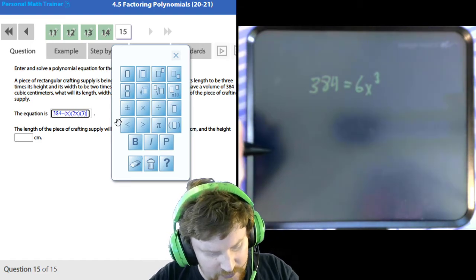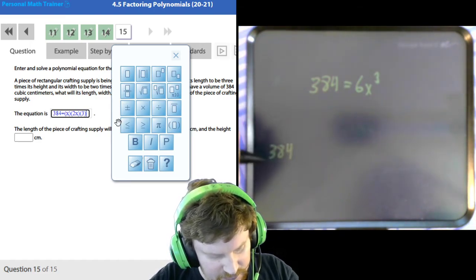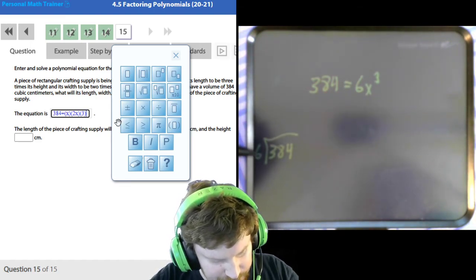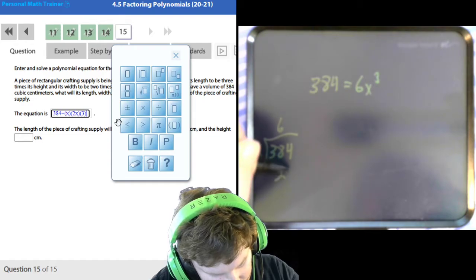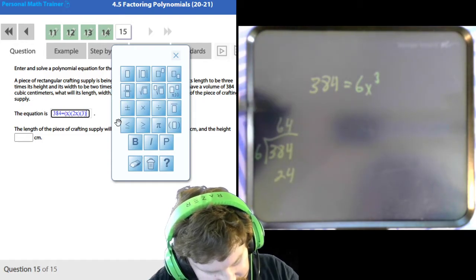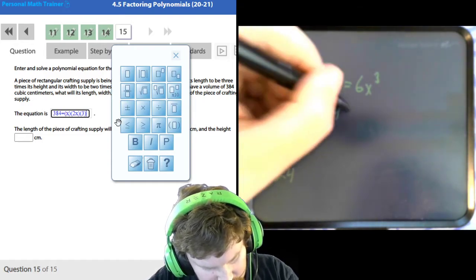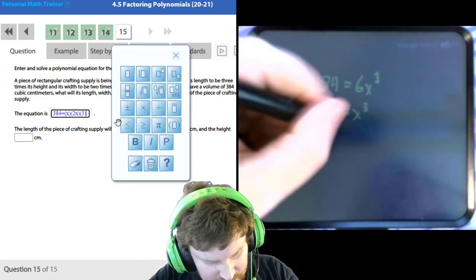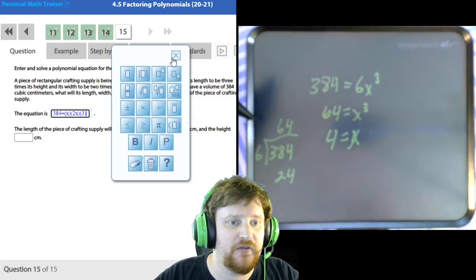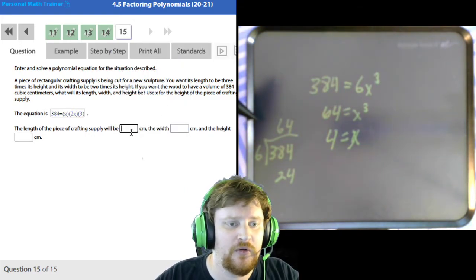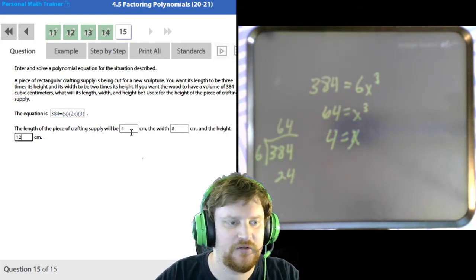And 384 divided by 6 is now much less easy. 6 goes into 36 6 times, leaving us with 24, 4, so that's 64. 64 equals x cubed, and the cube root of 64 is 4. So we have 4, 8, and 12.